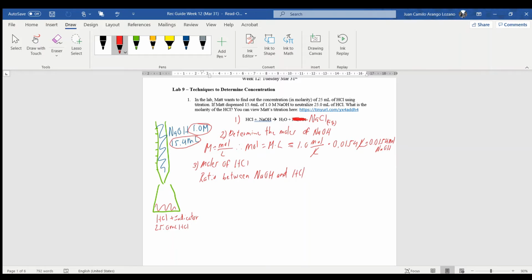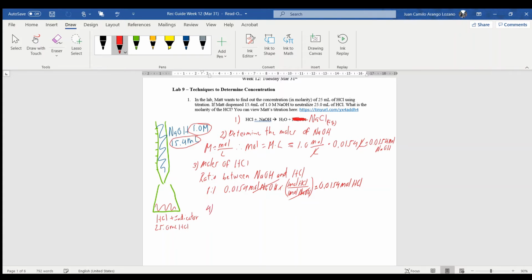Okay, so if we take a look at the formula I have on top in the first step, that says that I have a 1-to-1 proportion, which means that in 1 mole of sodium hydroxide I have 1 mole of hydrochloric acid. This cancels out, and in the end I know that I have 0.054 moles of hydrochloric acid.